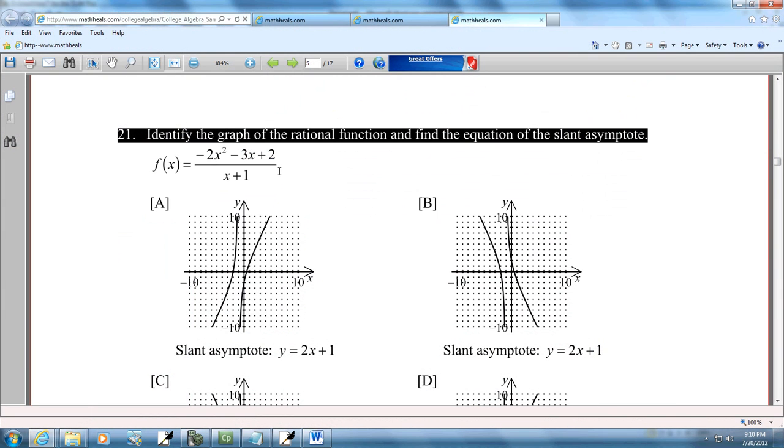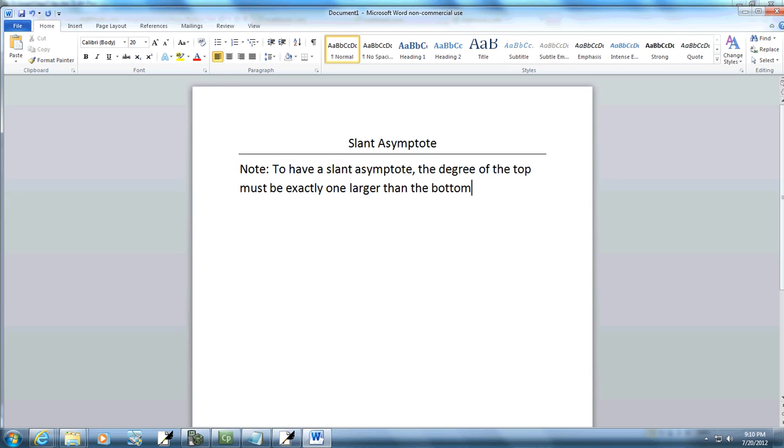On this problem, the degree is the largest power of x, so the degree of the top is 2, the degree of the bottom is 1. So that holds true. If you do have that, then use long division and drop the remainder.